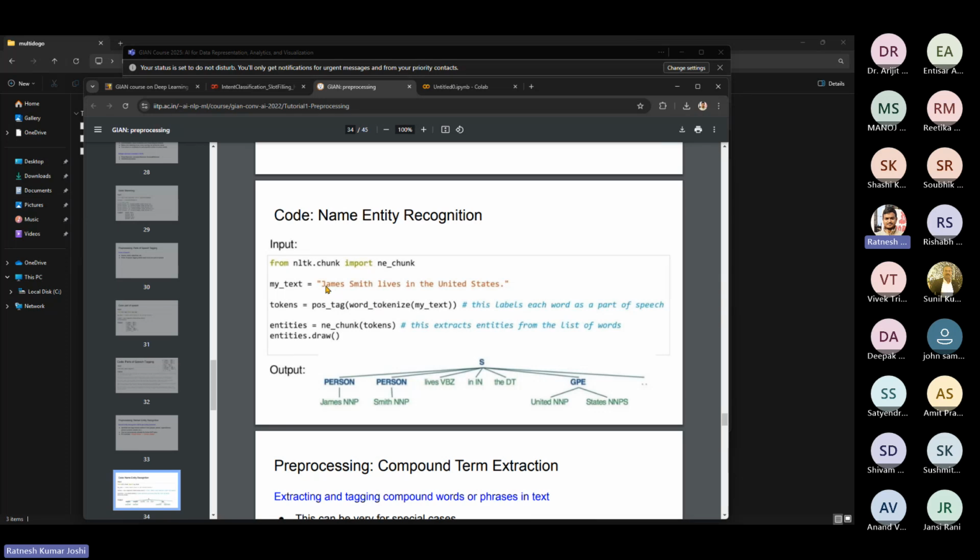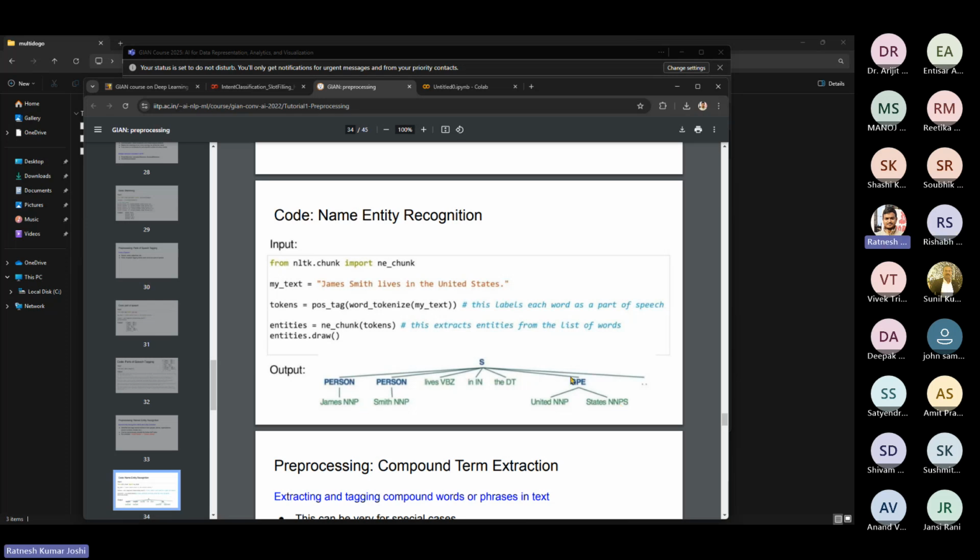Right. So for example, we have the text James Smith lives in the United States. We are tokenizing, right? Word tokenize tokenizes the text sequence, and pos_tag is the function that gets us the part of speech tagging, right? Then what we do, we try to chunk it, right? How do we chunk it? This is our source. Person James, person Smith lives in the United States, right?